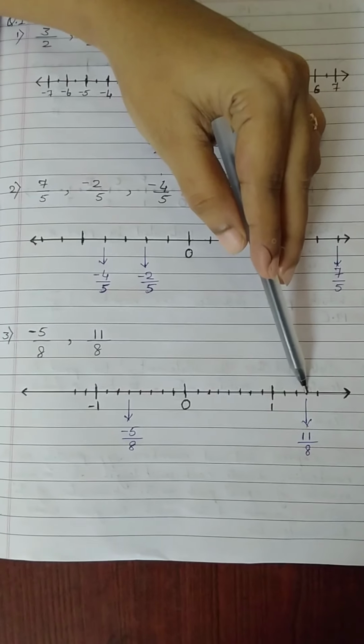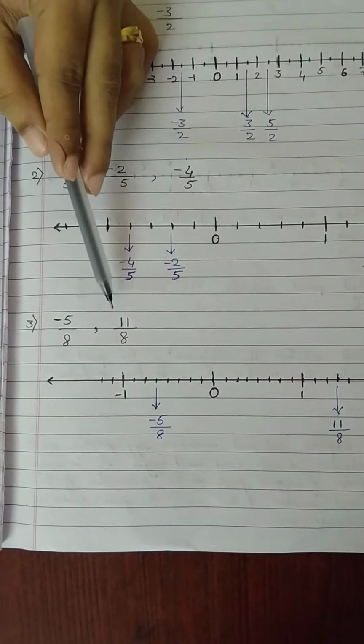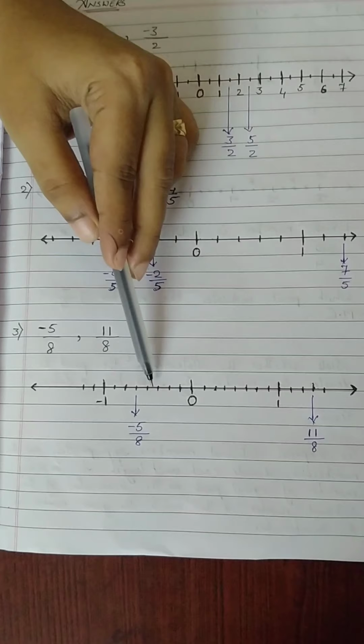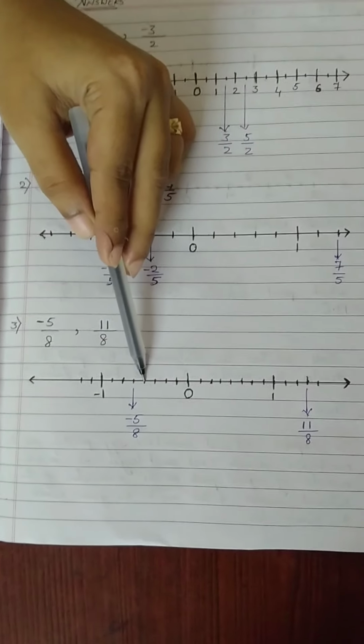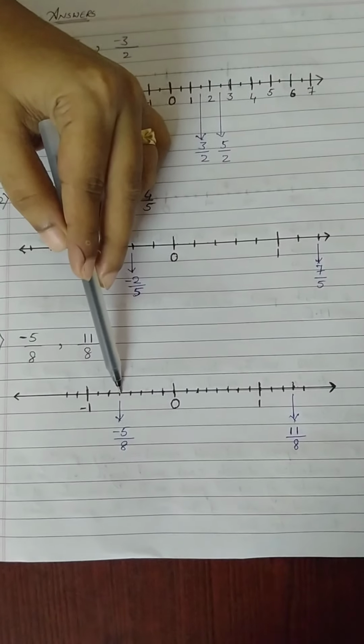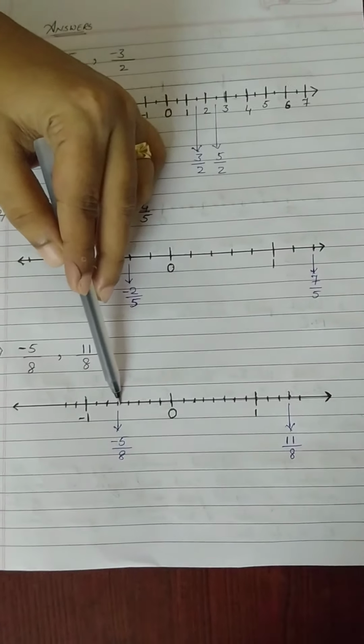So here it is 11 upon 8. So we have found 11 upon 8. Now minus 5 upon 8 to the negative side. Minus 1 upon 8, minus 2 upon 8, minus 3 upon 8, minus 4 upon 8, minus 5 upon 8. So here it is minus 5 upon 8. Okay, so you are clear.